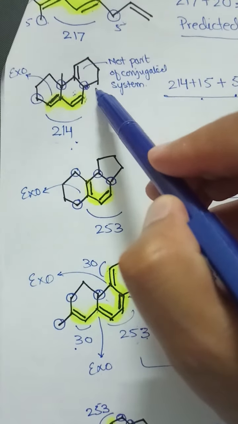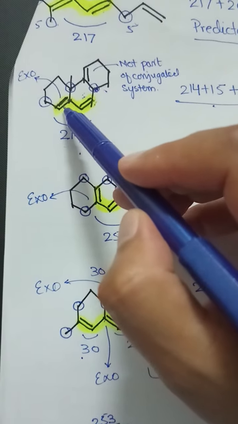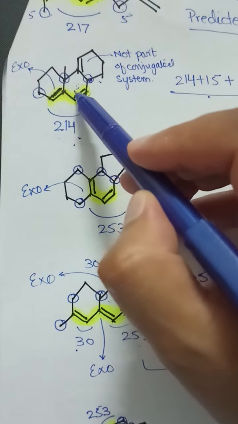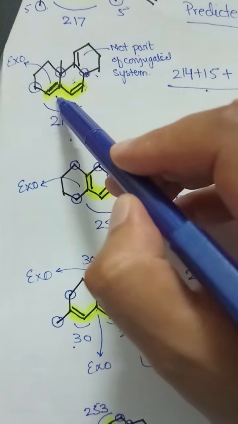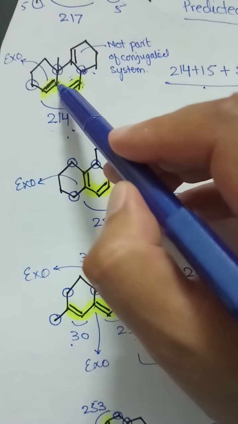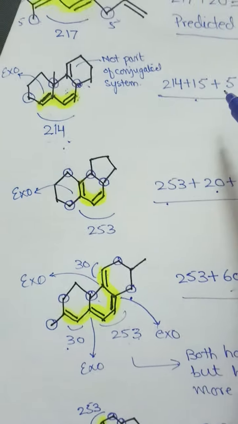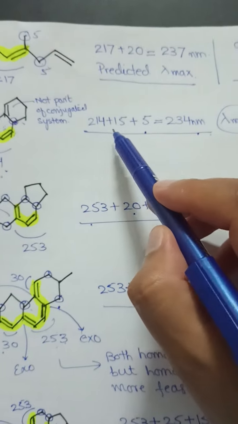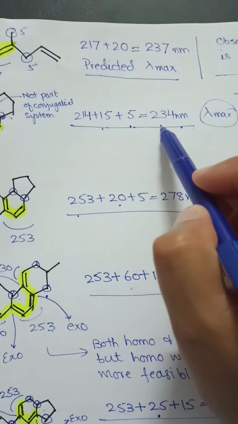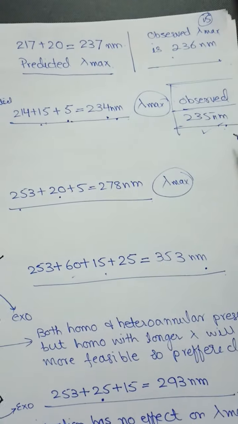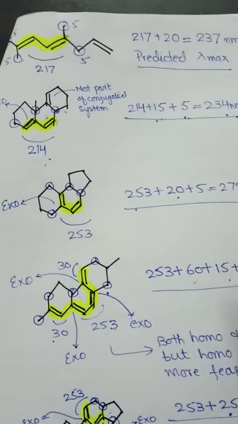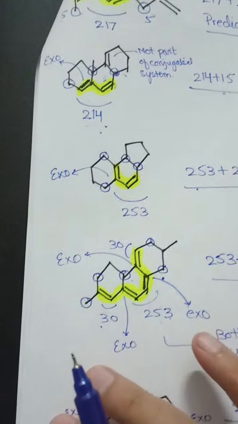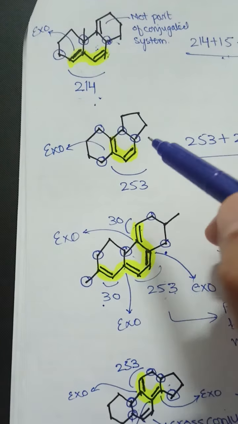So three are the alkyl residues, and for this cyclic ring, this is the exocyclic bond, which is part of the conjugated system, and this carbon is part of this ring. Now the value will be 214 plus 15 plus 5, 234 nanometer, and the observed or experimental value for this compound is 235 nanometer, which is also closely matched.